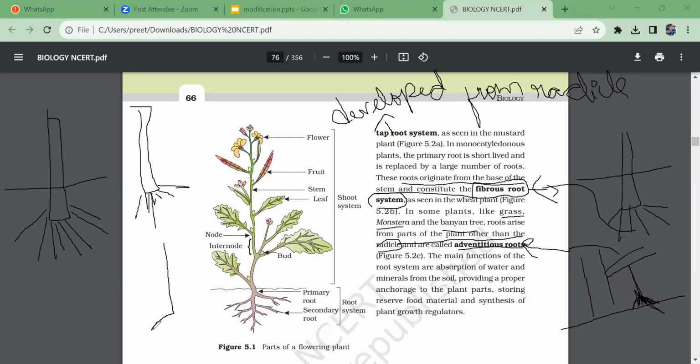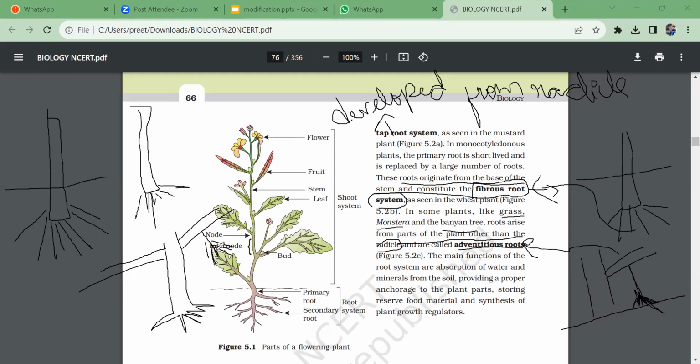Now there is a plant. This is the plant and these are the branches. Now its branches are producing roots. Who is producing the roots? The branches. This is an adventitious root. Understood?